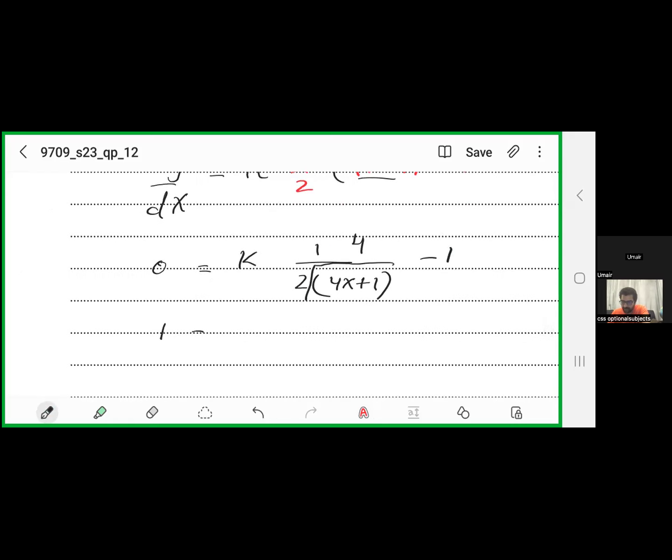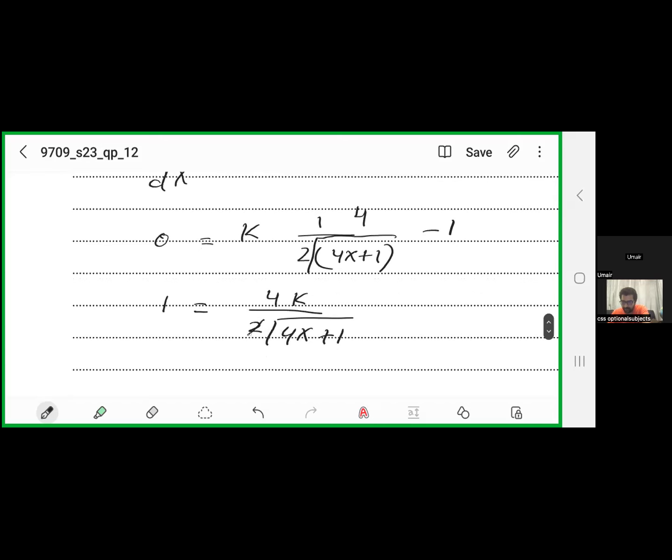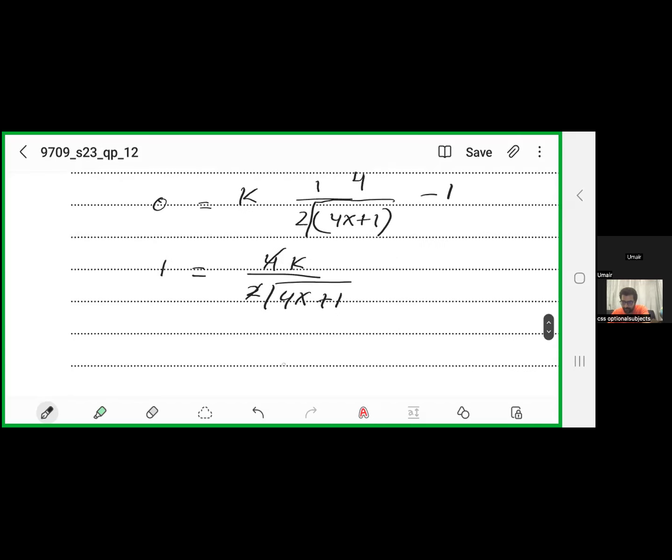So 1 will be equal to 4k over 2 under root 4x plus 1. Now, these 2 and 4 can be cancelled. So 1 is equal to 2k over under root 4x plus 1.